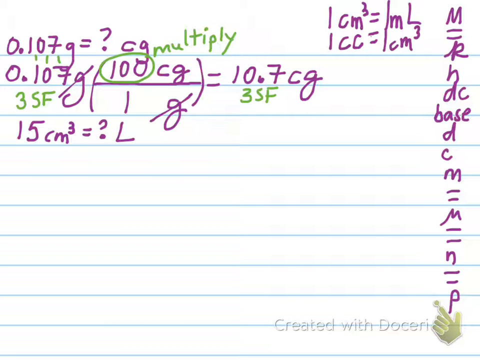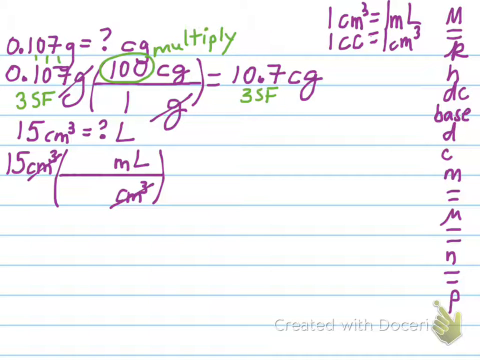So in this problem, we're going to start with 15 cubic centimeters. And again, cubic centimeters have to go in the denominator. What I can easily convert cubic centimeters to is milliliters. But the problem is this time, that's not what I'm asking for. I want liters and I have milliliters. So milliliters have to go on the bottom, but I can convert those to liters using my metric system.